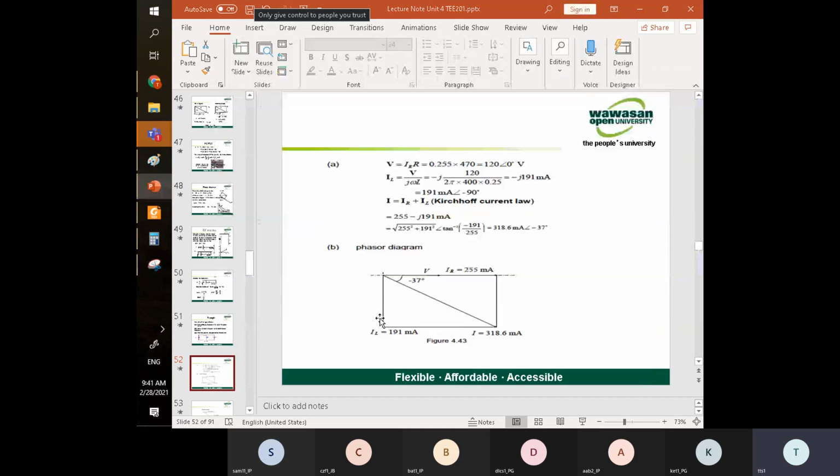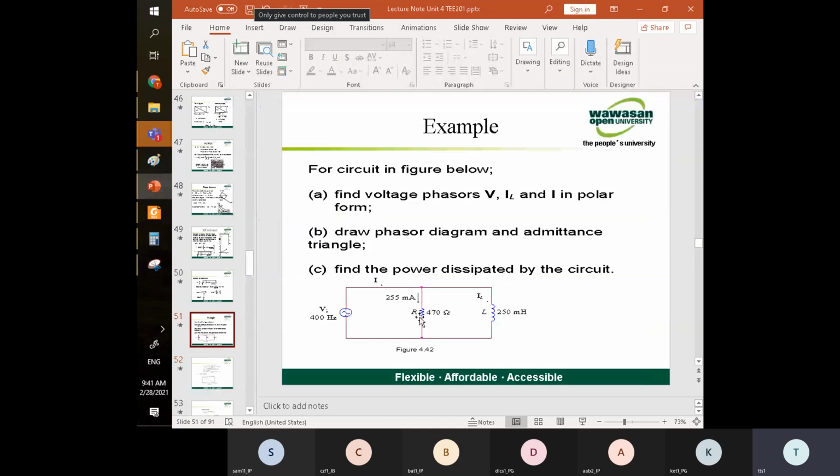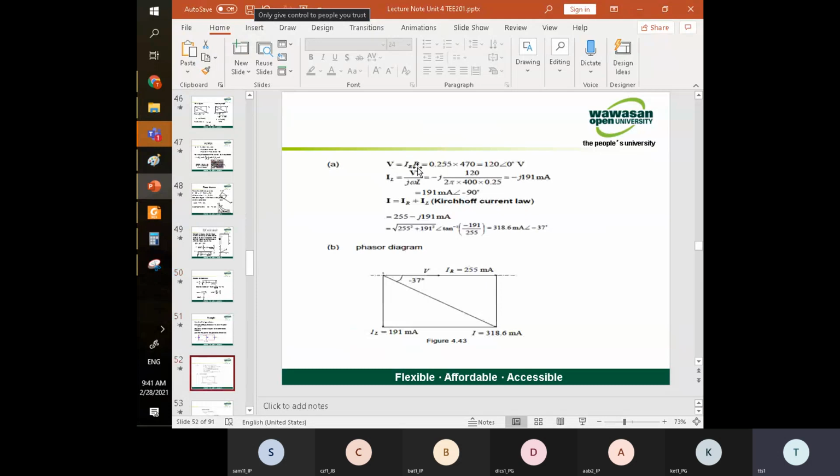If you see the answer, the R is the real axis, right? The R is the one without any angle, so it's straightforward. From here we can extract the V. This V, this current and this R have a relationship: V equals IR, Ohm's law.